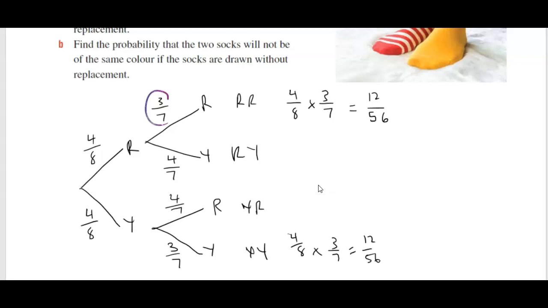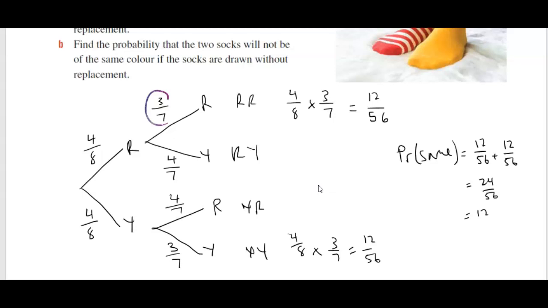So in total, the probability of them being the same is 12 over 56 plus 12 over 56, which is 24 over 56, and then just simplify that. I always find it easier if they're even numbers just to keep halving them.